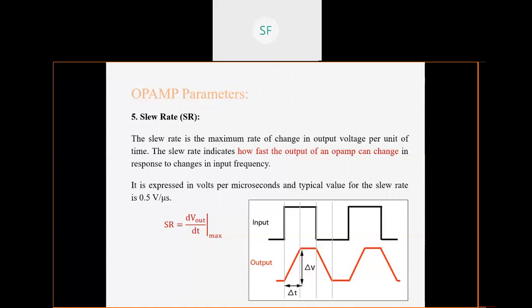If I want the maximum value of something, its ideal value will be infinite. In this case, delta t, the time required to change, should be 0. Now if you observe this formula, time is in the denominator, so ideally this denominator should be 0. So that means your slew rate should ideally be, anyone?